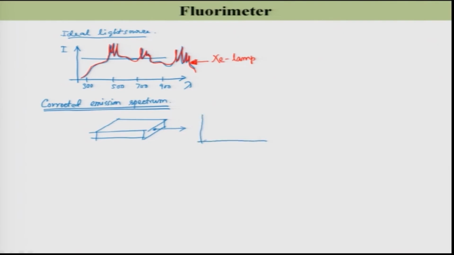So, this is the measured emission spectra, and you already know the actual emission spectra of that molecule, if it is known, and you already have that. So, this is your actual emission spectra of this molecule.